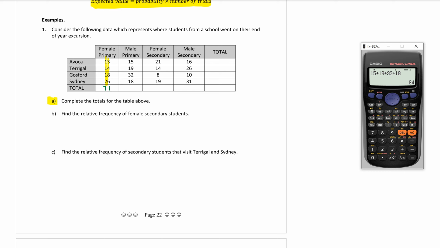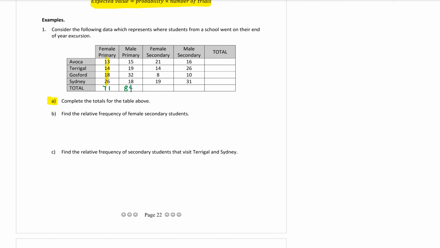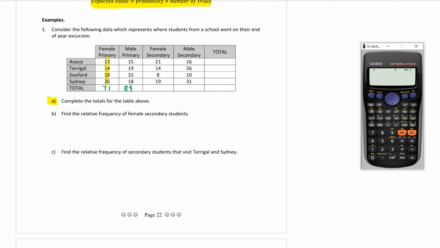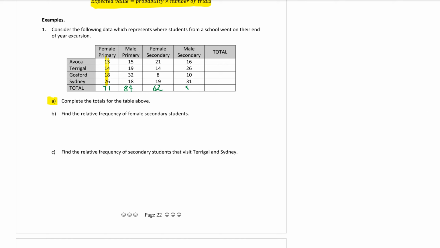So 84. The third column, 21 plus 14 plus 8 plus 19 is 62. And 16 plus 26 plus 10 plus 31 makes 83 for the last one.